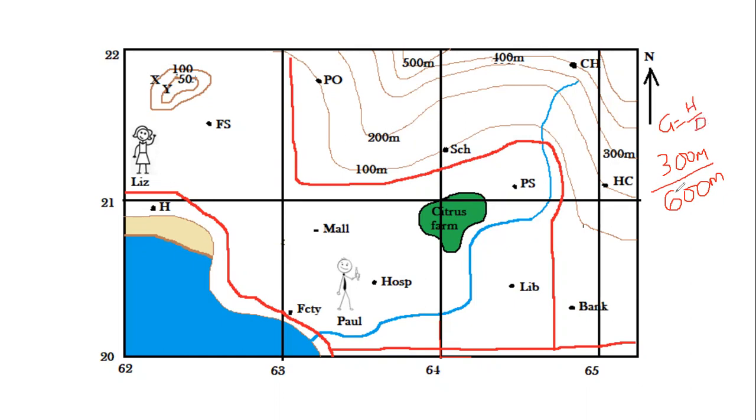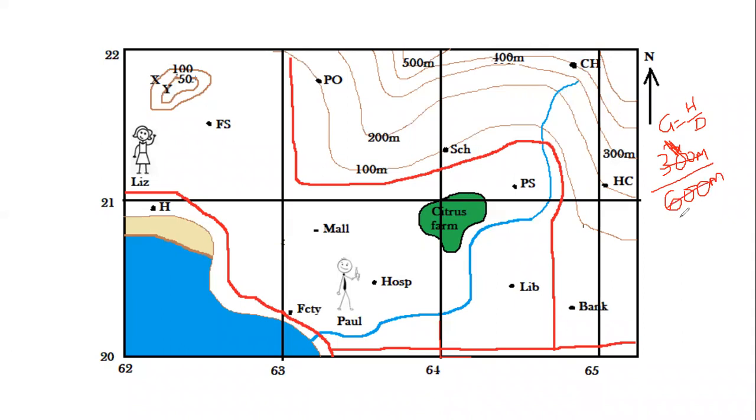And we want to express our answer as a ratio. We always start our ratio with a 1. So in order to get a 1 in the numerator, we're going to divide 300 by itself. And 300 into itself goes 1 time. What we do to the top, we need to do to the bottom as well.